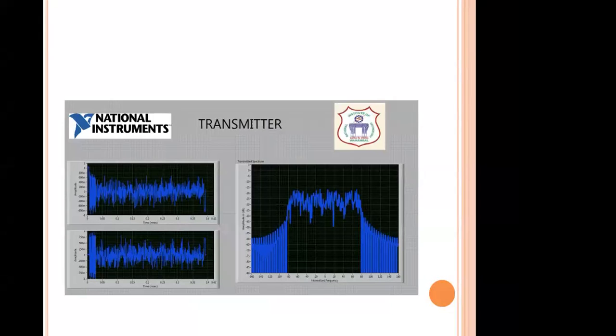To show the entire picture in one shot, we placed both the transmitter and receiver nearby. But frankly speaking, the transmitter and receiver were kept at two different locations, and we measured the distance. We measured the communication link. So you can see the transmitted I and Q data and their power spectral density, PSD. The baseband signals we constructed in LabVIEW, and then ported onto the USRP.